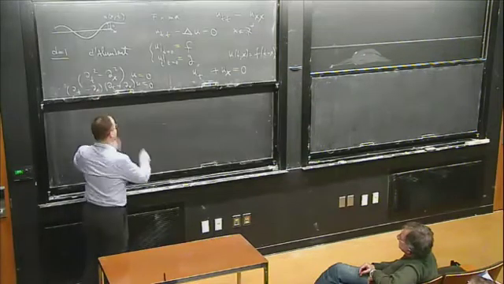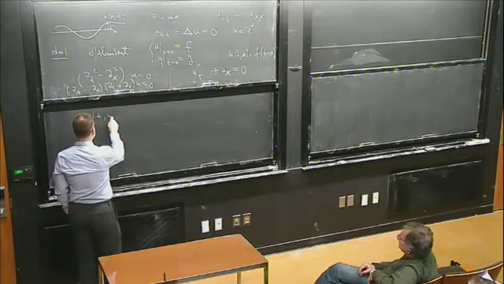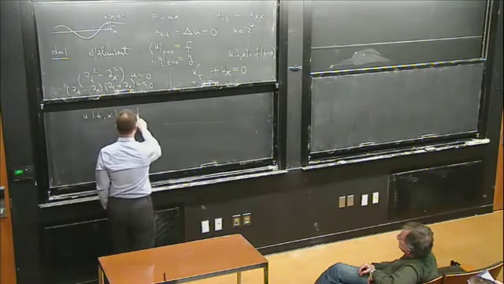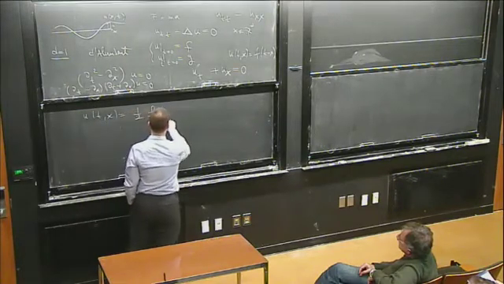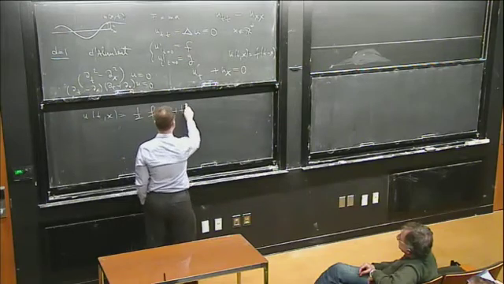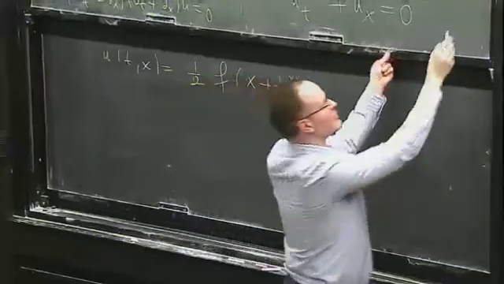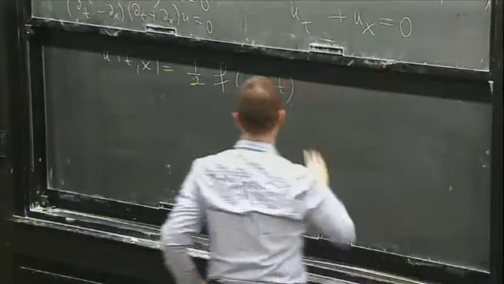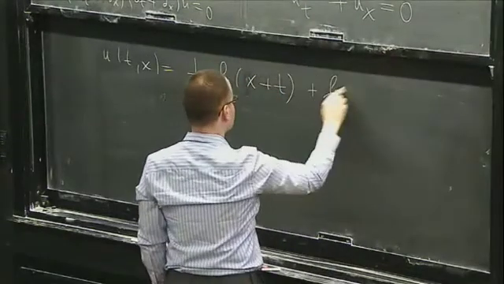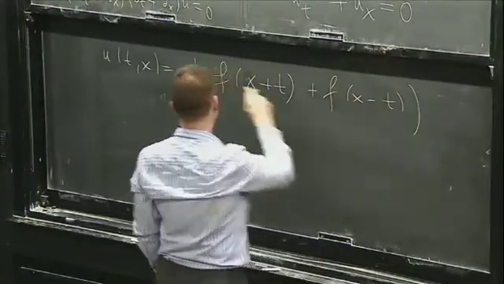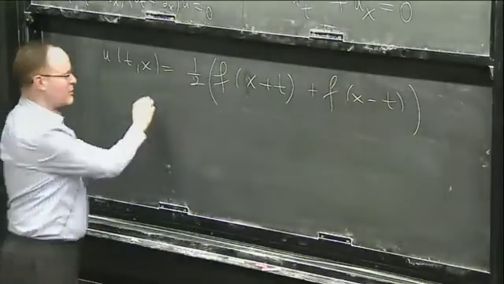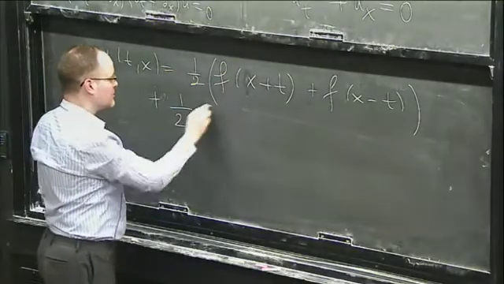All right? So what D'Alembert observed is that because of this factorization, and of course, I'm free to change the sign in here, you have that. And if you throw in g, you will have this.